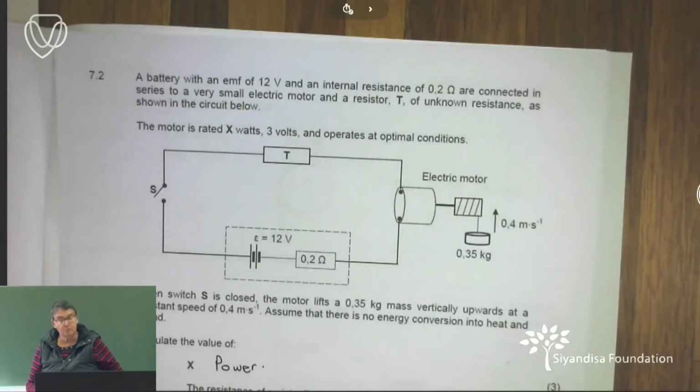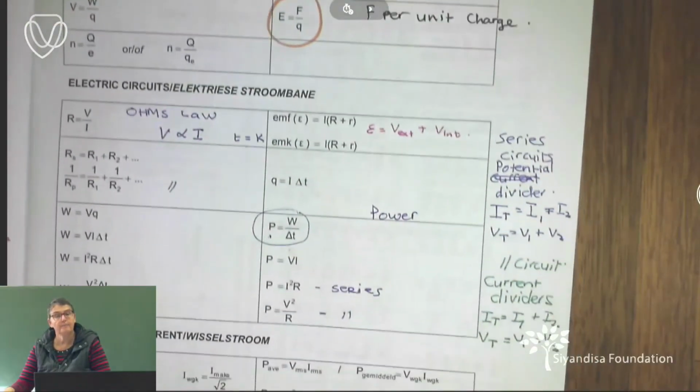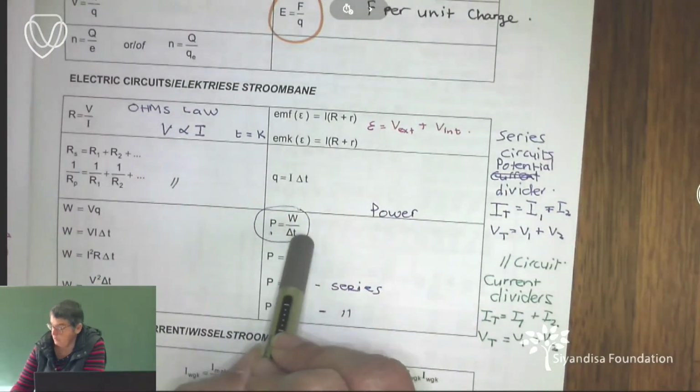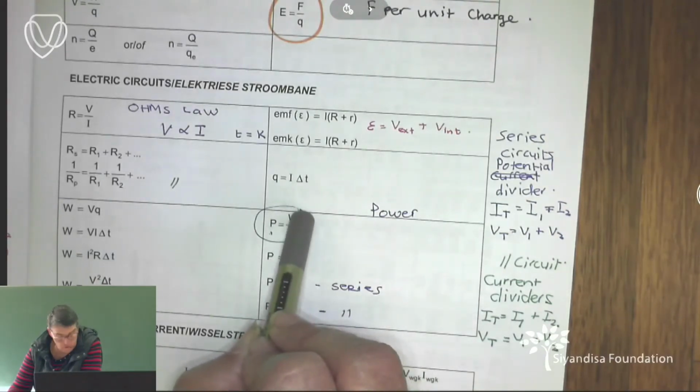The first thing that you might have to remember is you might have to remember some of your other physics regarding the work done. Now let's just quickly have a look here. Here we have power is equal to work over time. Okay, so we can use that formula. But now you must just remember, how are you going to get your work done?